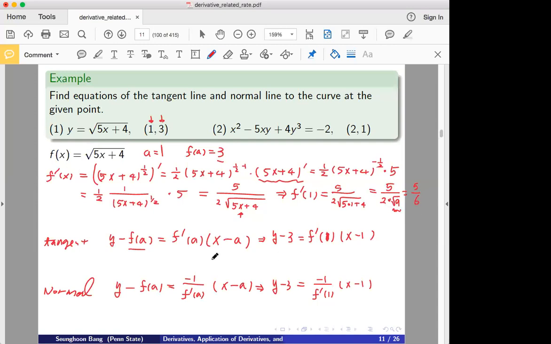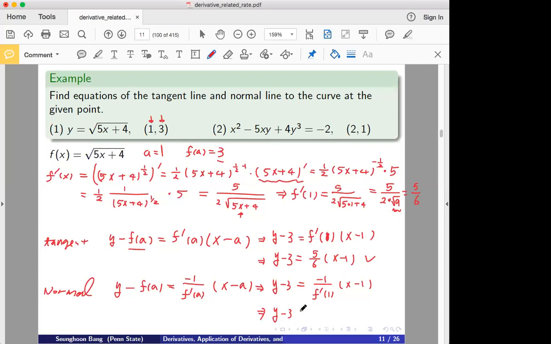We have it. So what's the equation of the tangent line? From here, the equation of the tangent line is y minus 3 equals 5 over 6 times x minus 1. That's it. What's the normal line?